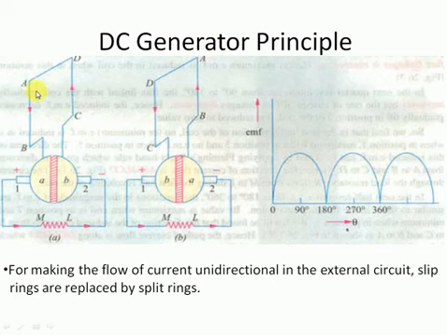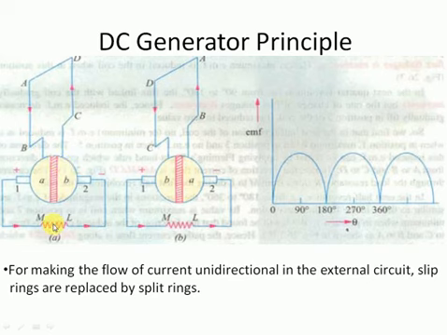That means the induced EMF in this coil side still remains AC in nature, whereas the polarity of these brushes, or the direction of current through this load, remains the same, from M to L. Even after 180 degrees of rotation, even though the direction of current in the conductor has changed, the direction of current through the load remains the same.